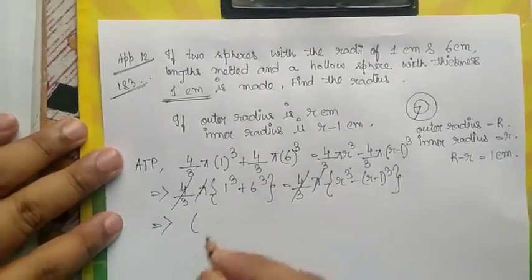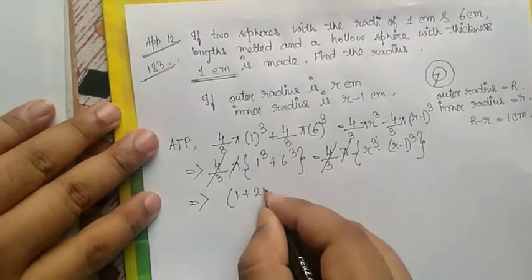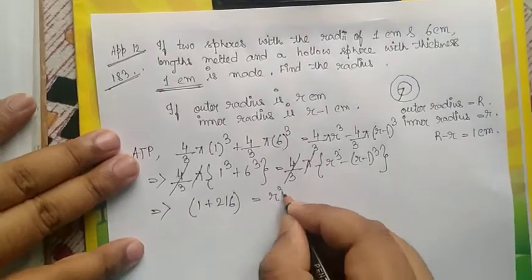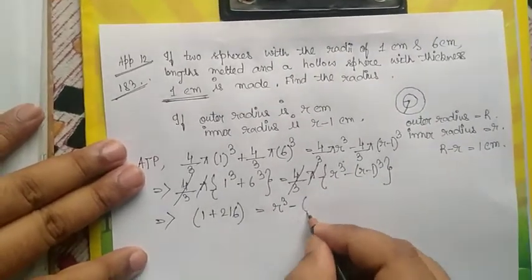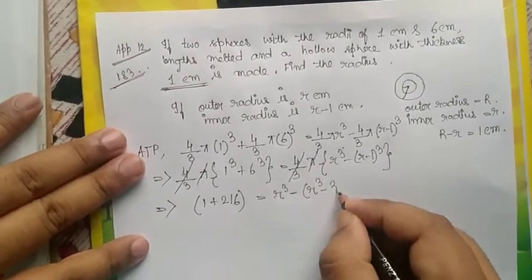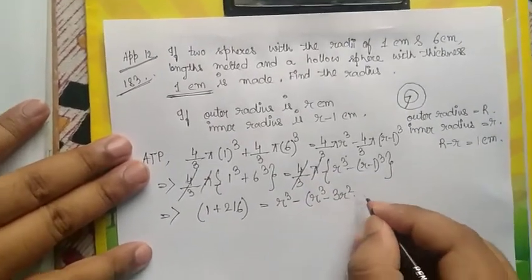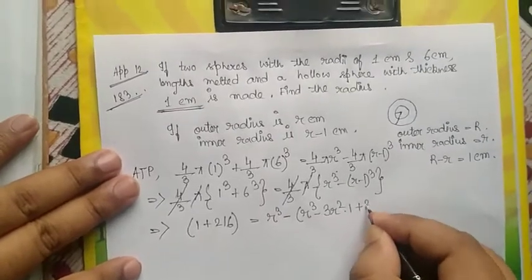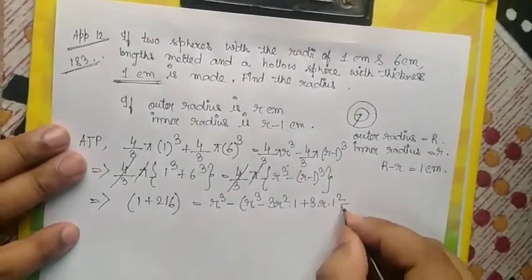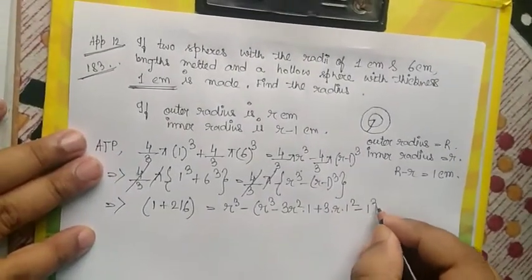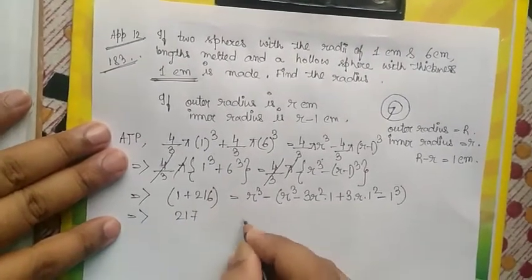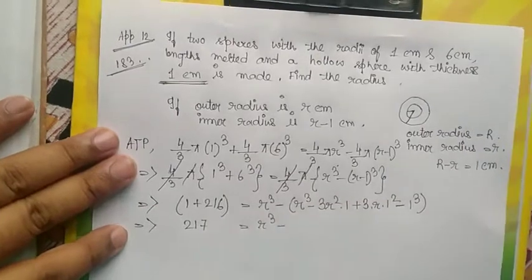So 1 cube means 1, 6 cube means 216, equal to r cube minus a minus b whole cube, which is a cube minus 3a square b plus 3a b square minus b cube. Opening those brackets.